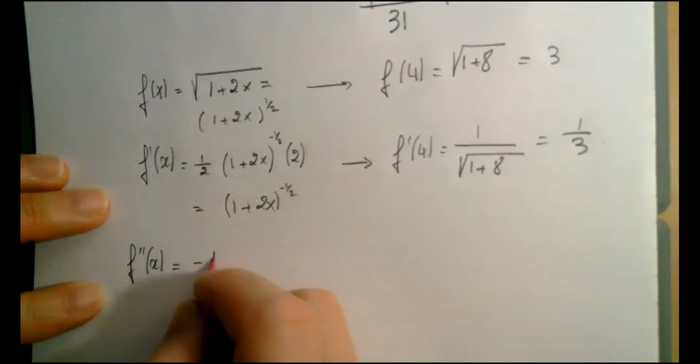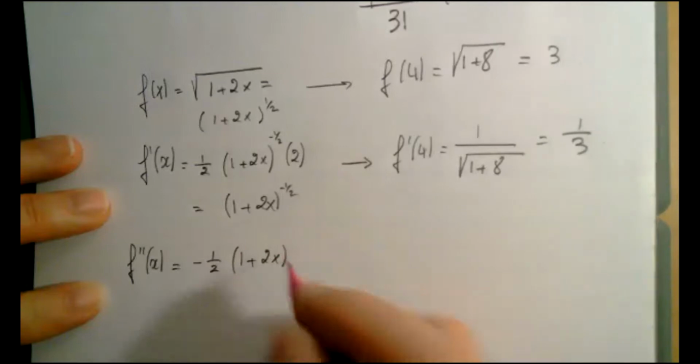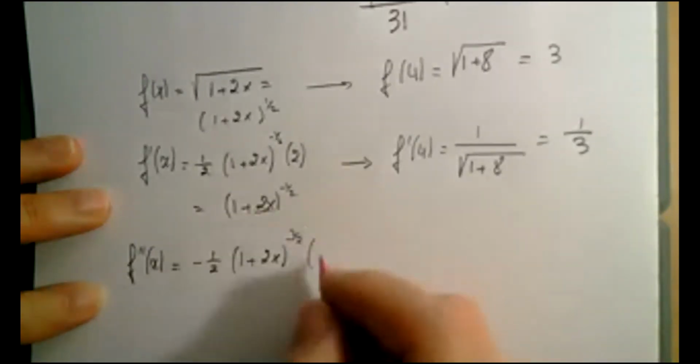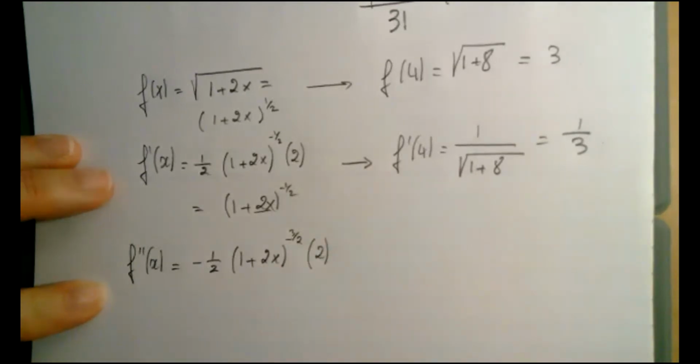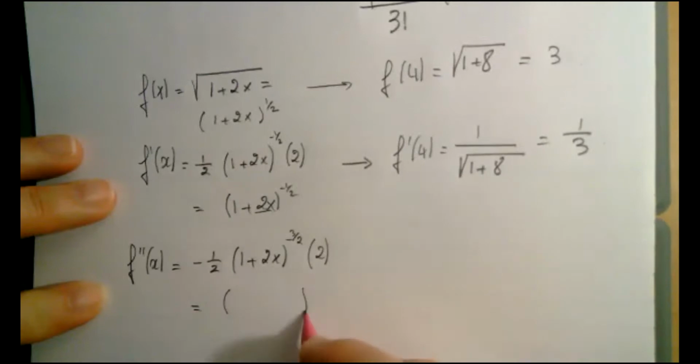F double prime, and then we proceed. Again, the chain rule. Minus a half, 1 plus 2x to the minus a half minus 1 times the derivative of the inside. And this is giving me minus 3/2, 1 plus 2x.